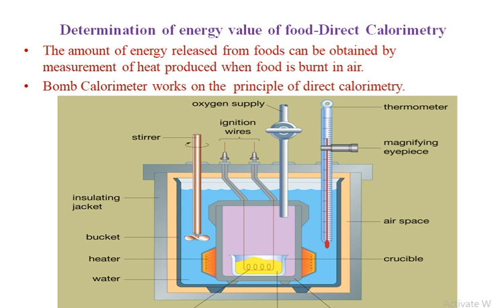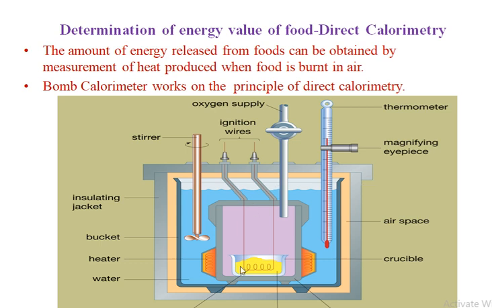In the same way, when the food is burnt inside this instrument, the bomb calorimeter, the heat released by burning that food will be determined, and that will tell us how much energy value is produced by the same food substance.